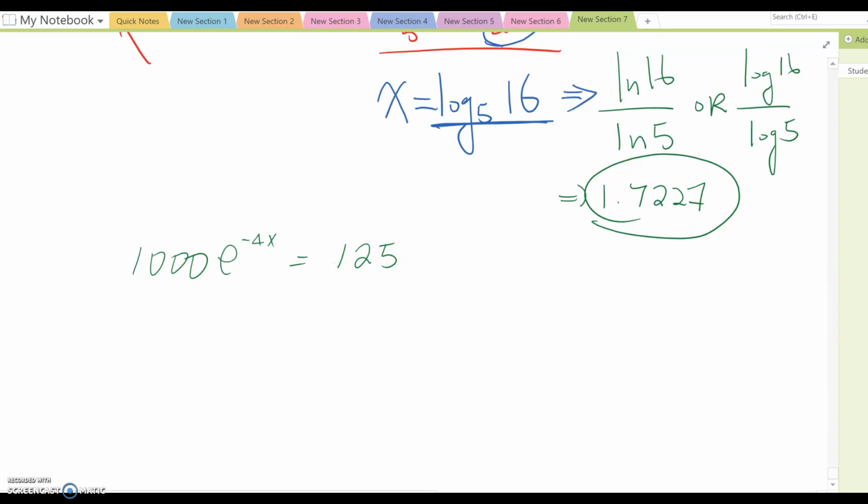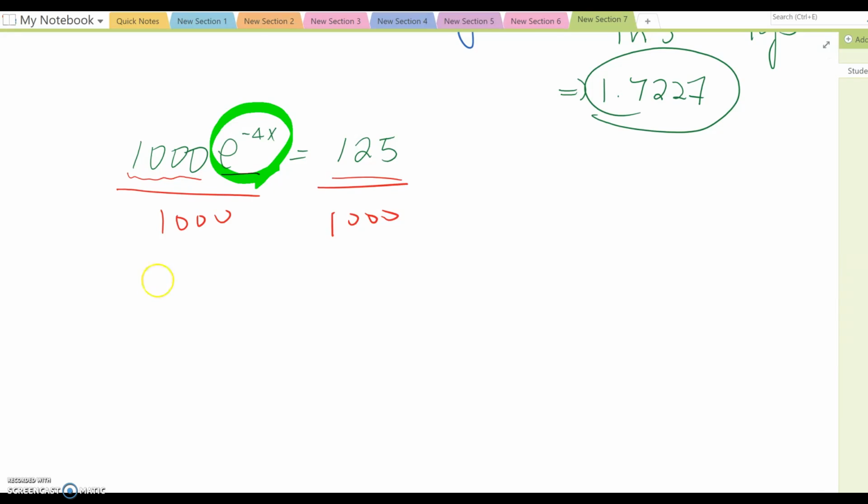As you see, this one is already a number times an exponent form equal to some other number. So you need to isolate this term alone. Therefore, I'm going to divide by 1000 on both sides. If you do it, this becomes e to the negative 4x equal to 0.125.